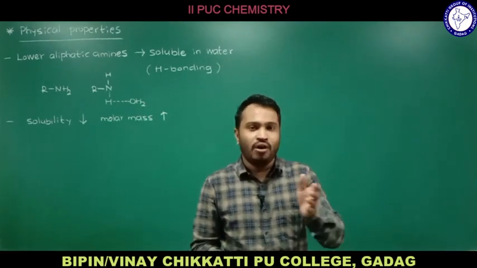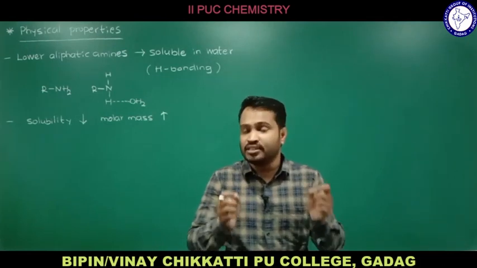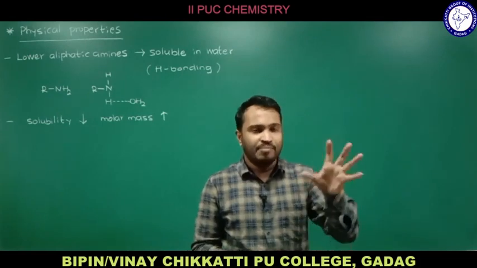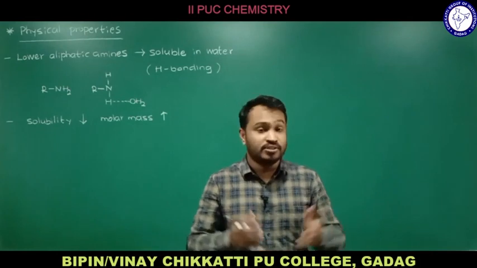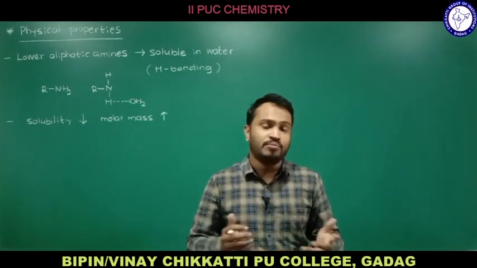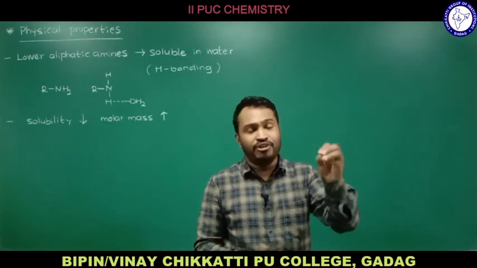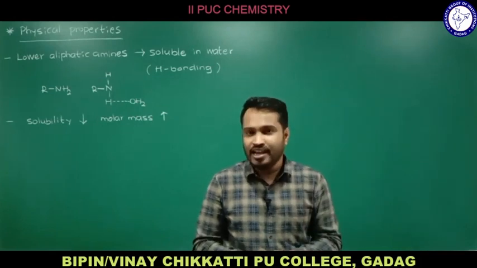So when you go on increasing the molar mass of amines, the solubility decreases. What would be the reason? In a molecule, we have a hydrophilic end and a hydrophobic end, because amines are soluble in water because of hydrogen bonding, isn't it? The part with attraction towards water we call hydrophilic, and repulsion we call hydrophobic.